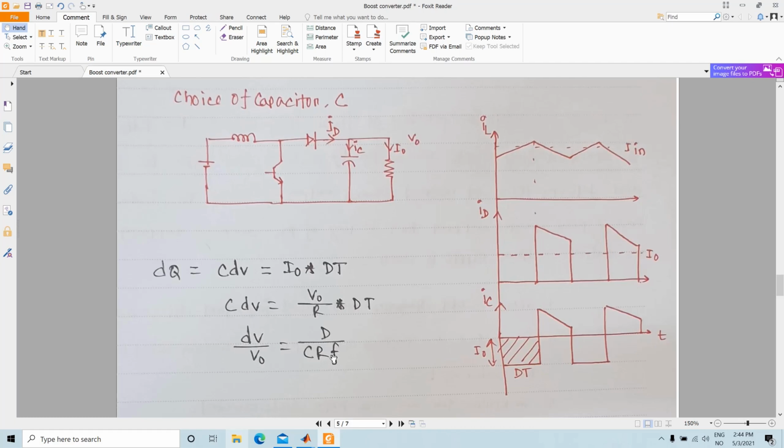Your R, or the load, is also fixed in some cases. Maybe in some applications it's variable, but in some cases it will be fixed. So you cannot probably play with R, or you have a certain range of R that you know this resistance will vary from this range to that range. So you cannot play with this R, and then you have two things that you can play with. One is C and the other is F.